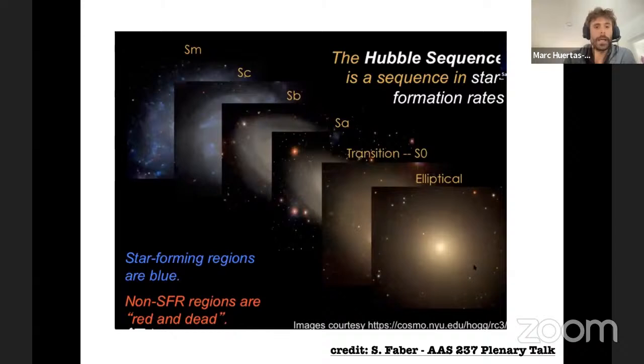We now know that this bimodality in morphology is also tracked by a bimodality in star formation, in which star formation typically happens in disky galaxies, and non-star forming galaxies are red and dead and have an elliptical morphology.